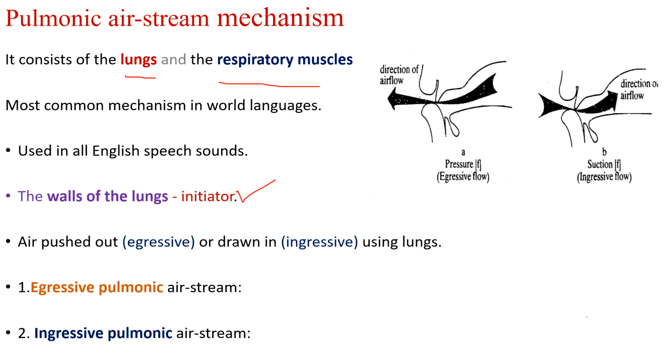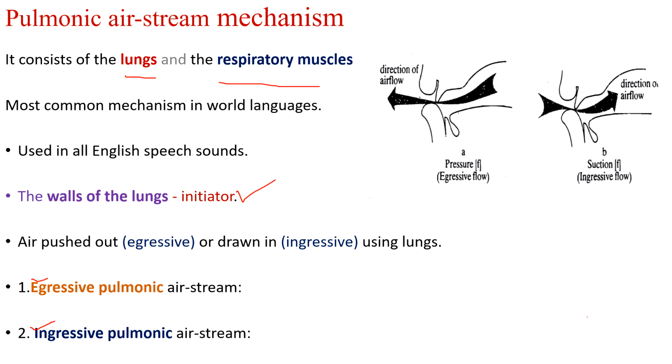These are moved by the respiratory muscles so that air is drawn into the lungs or pushed out of the lungs. Here we see two types of pulmonic airstream mechanisms: one is egressive and the second one is ingressive.